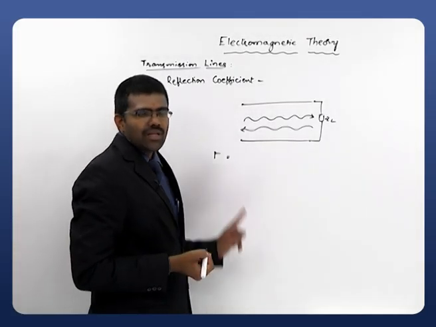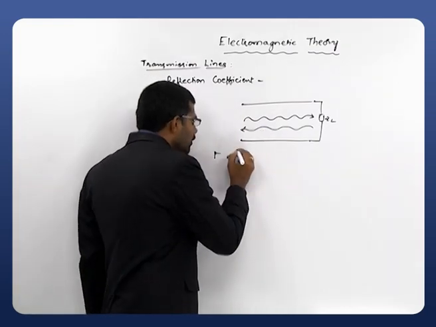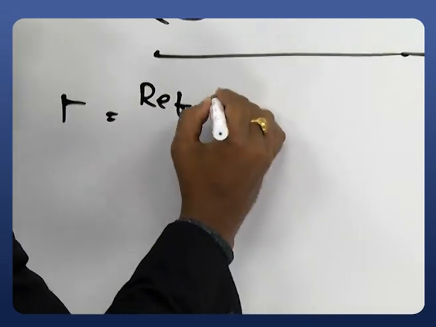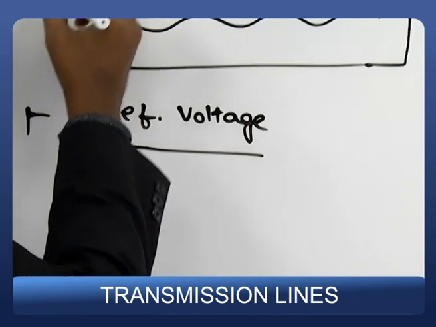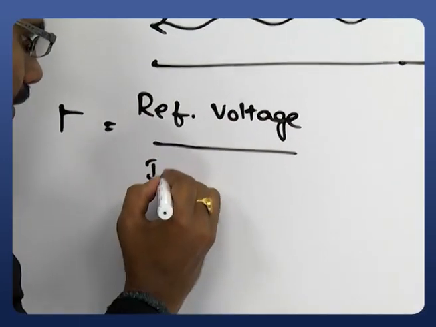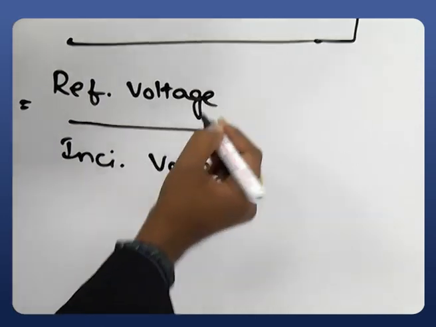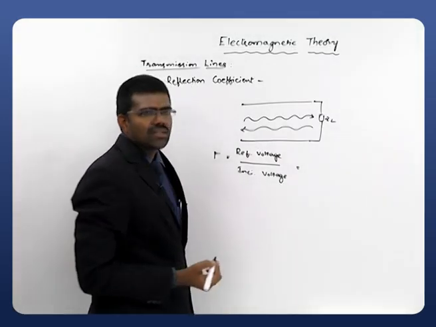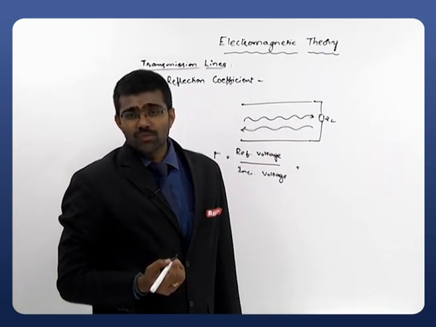So simply gamma can be written as how much voltage was reflected from the load end, so that is the reflected voltage, and how much voltage was incident, so it is the incident voltage. Now with your analysis, let me know what the reflected voltage and incident voltage are. We already have the equation for our transmission line.